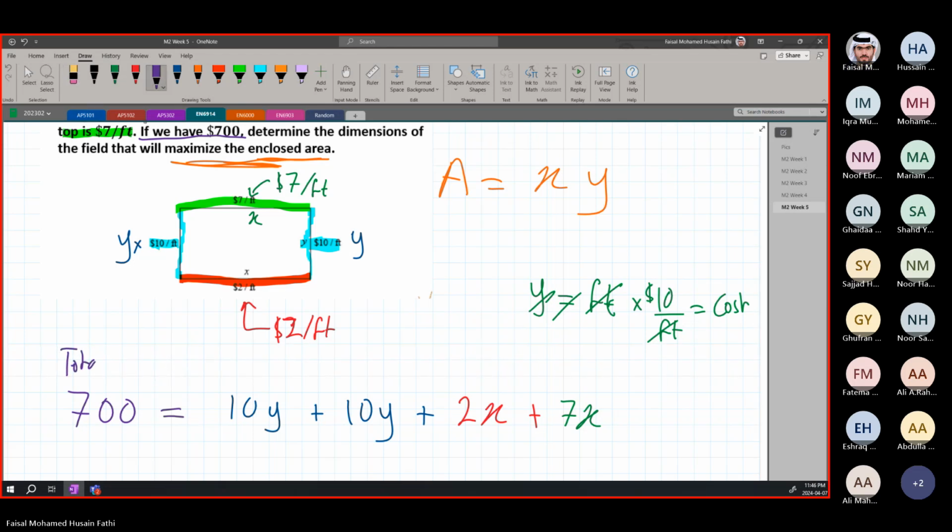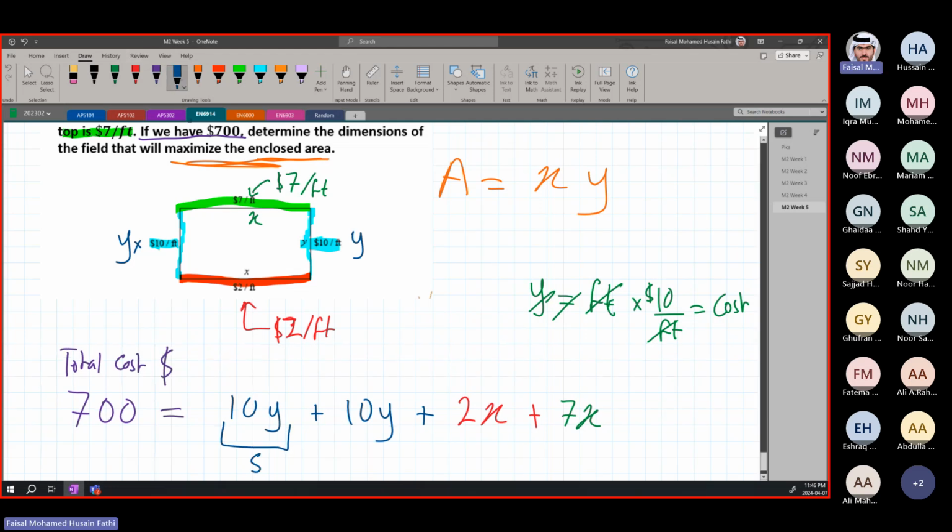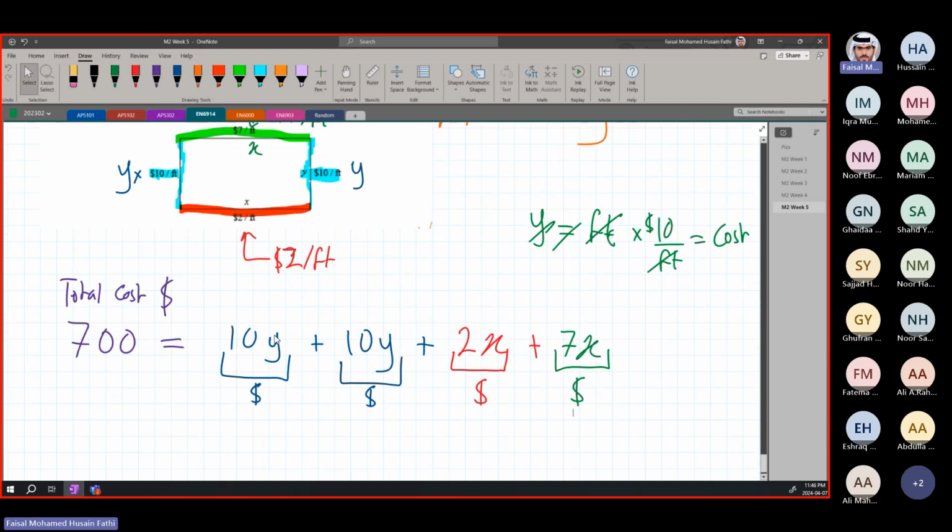This is total cost in dollars. انزين $10 تايم واي بيستوي عندنا ان دولارز. فالفكرة احنا yes y is the variable which is length، بس احنا طلعنا المعادلة كلها in dollars عشان we have the actual cost given instead of the specific parameter. احنا we need to find out the parameter eventually.